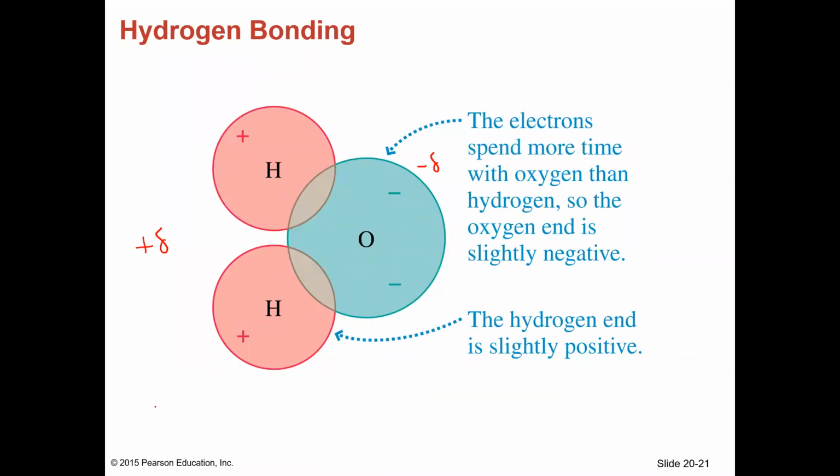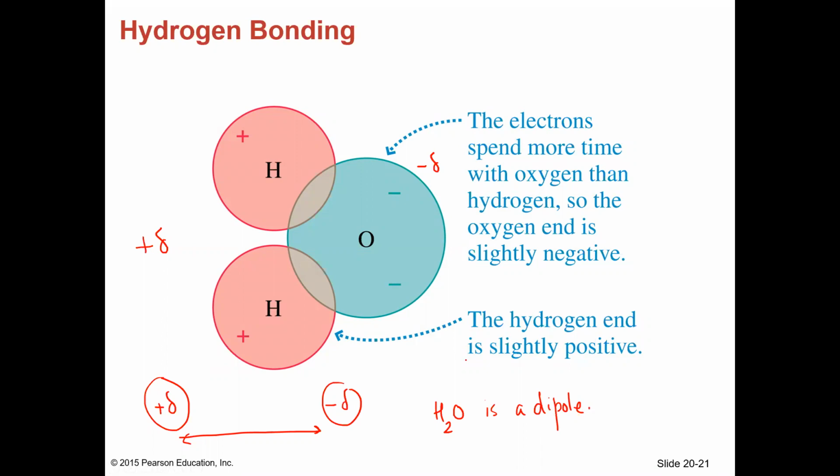So there is some separation between them. That makes water a dipole. So H2O is a dipole. It's a permanent dipole. You don't need to bring an external charge or apply some force to create the dipole in water. It's naturally a dipole.